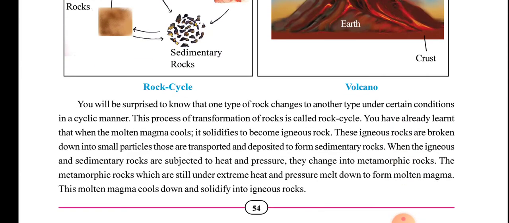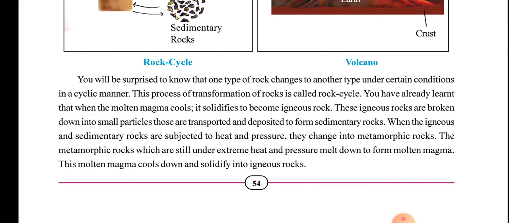You will be surprised to know that one type of rock changes to another type under certain conditions in a cyclic manner. This process of transformation of rock is called the rock cycle. You have already learned that when molten magma cools, it solidifies to become igneous rocks.